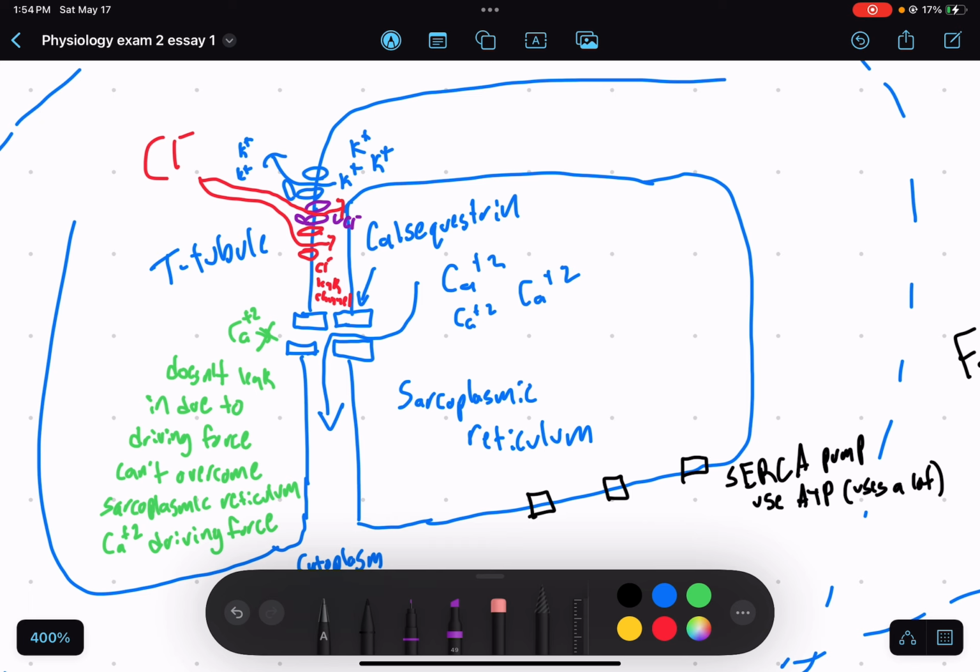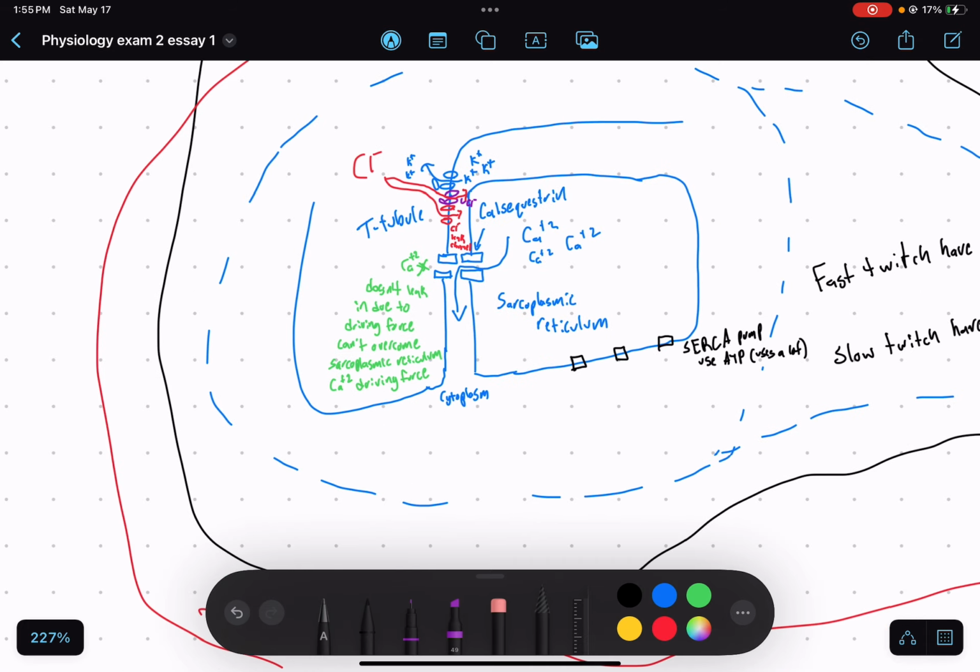The reason why the calcium doesn't flow from the T-tubule into the cytoplasm is due to the concentration in the sarcoplasmic reticulum. The concentration of calcium is a lot higher, so therefore it is going to overcome the pushing of calcium trying to get in the opposite way, which is why that is occurring.